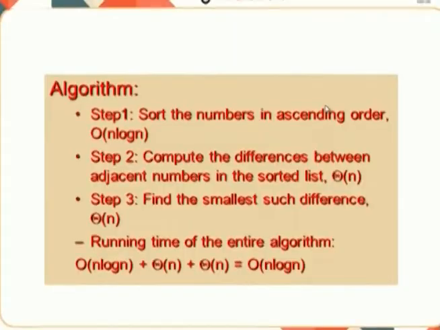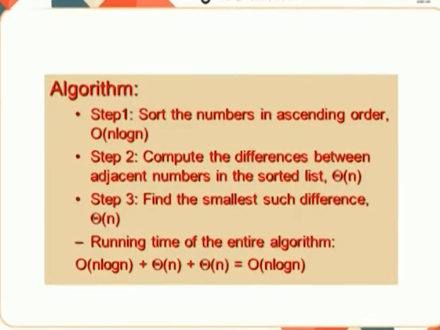Fine. So, we can think of writing it in a formal manner. To simplify the task, perhaps we can do one thing. We can sort all the points based on the coordinates in ascending order. Why should we do that? The reason is like this. We are going to store all the points in an array, and then we are going to check the distance between the points.